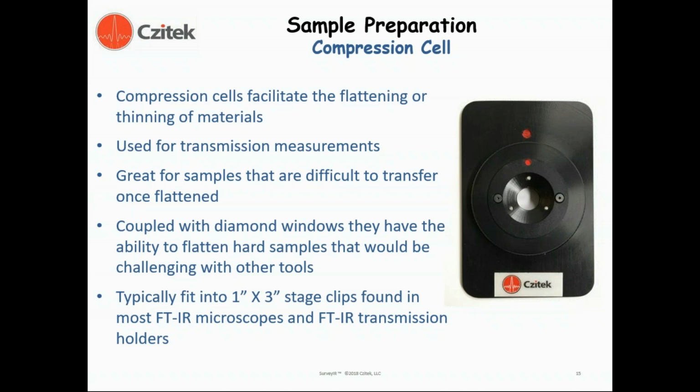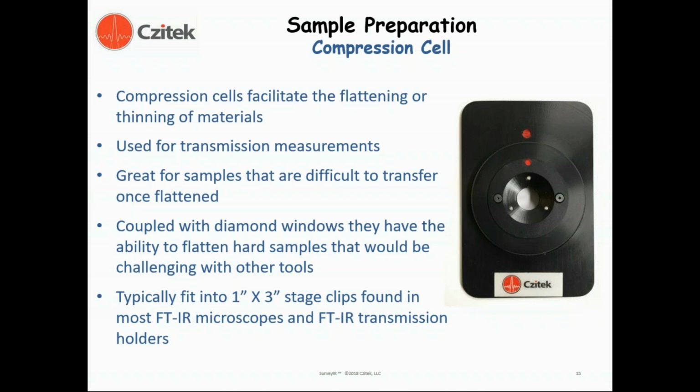If you have a transmission compression cell, like the one shown, you can hold the samples flat over the entire field of view. Also, particularly with diamond windows, you can do some further flattening of the sample in the cell to get an appropriate path length.